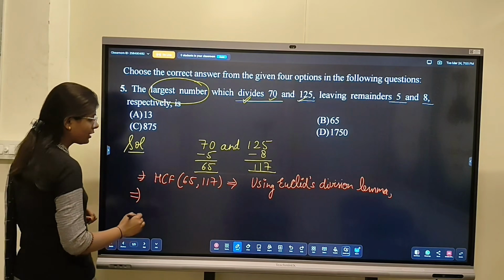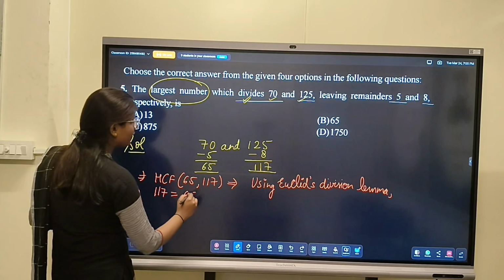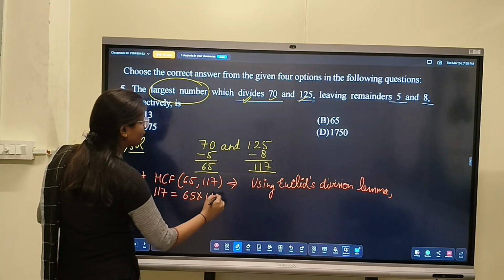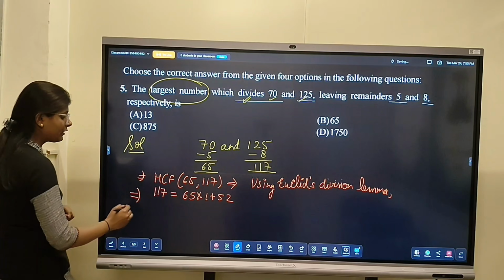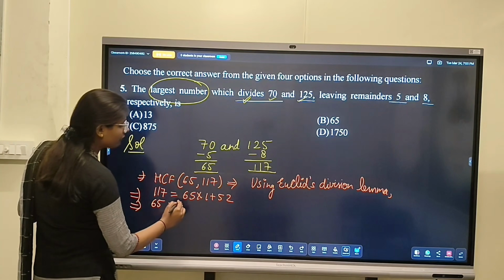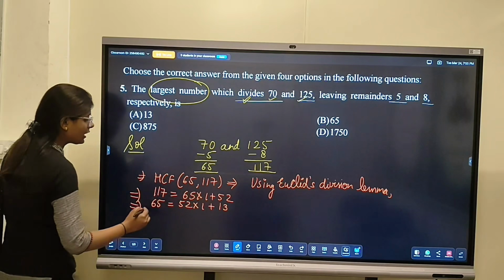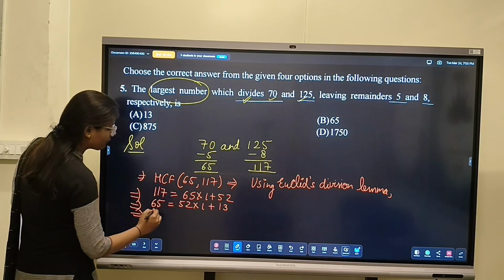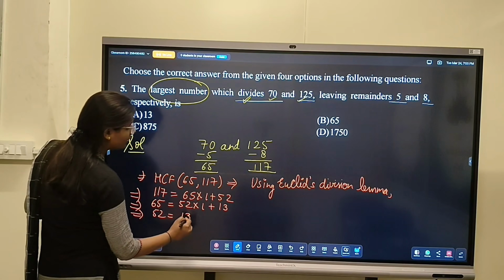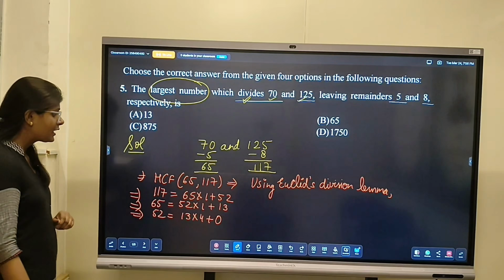It is 117, that is the dividend, equals 65 times 1 plus the remainder, that is 52. Then we'll be taking 65 as dividend, 52 times 1 and the remainder, that is 13. Then our dividend will be 52 and we'll be taking 13 times 4 plus 0 as our remainder.